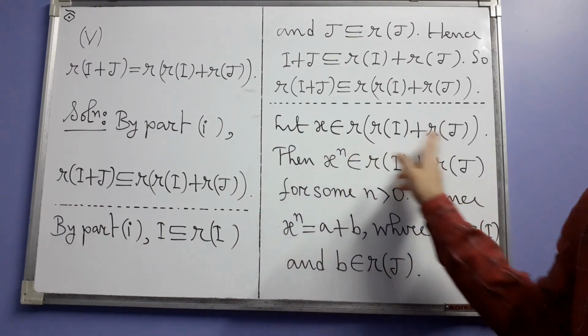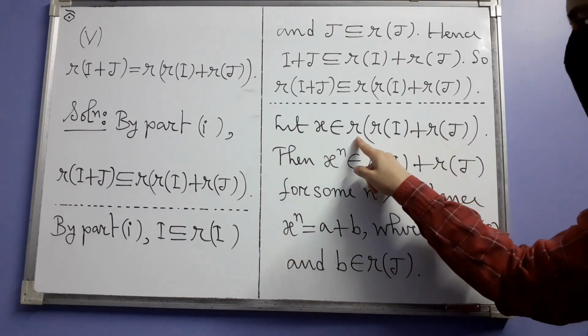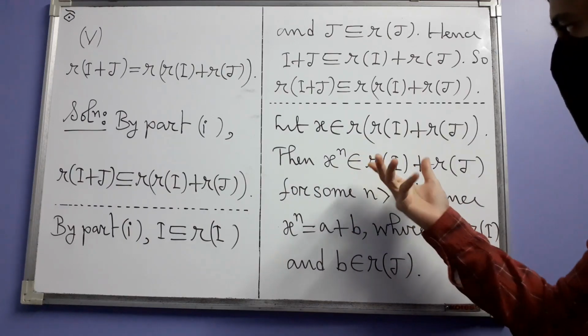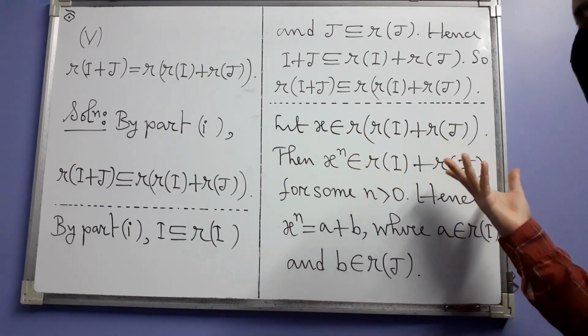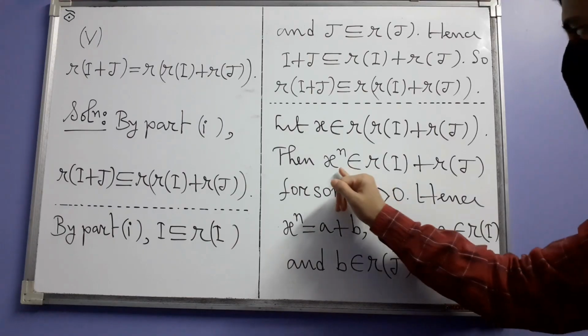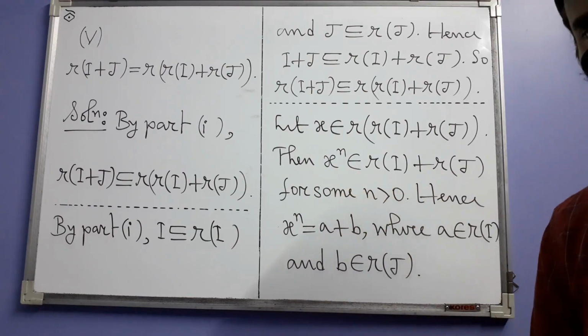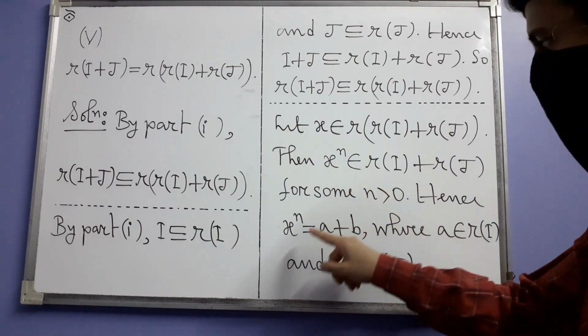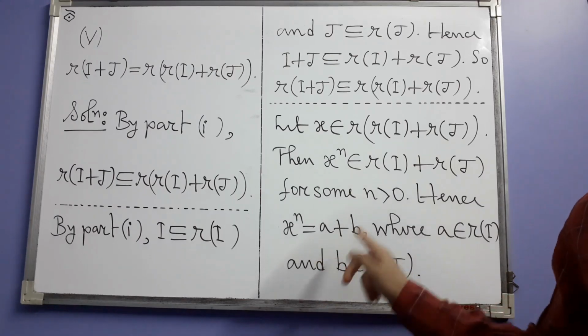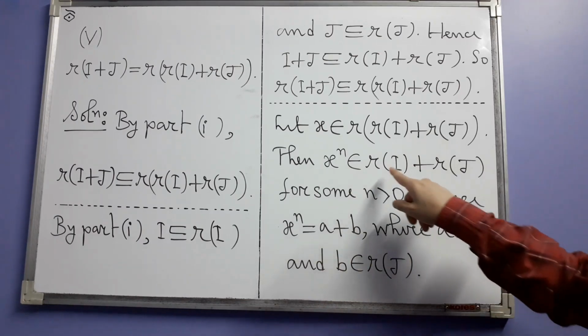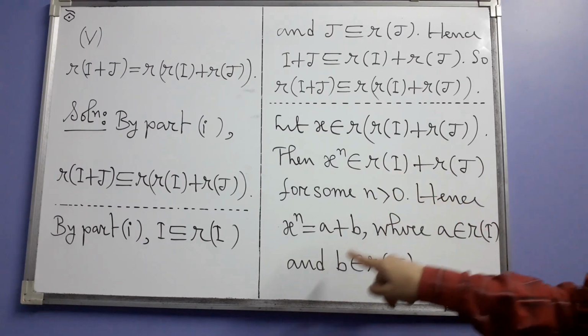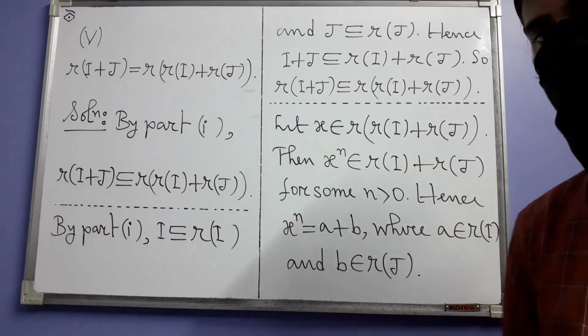Let that be x. Then by the definition of radical, some power of x will belong to RI plus RJ for some positive integer n. But then x to the power n is going to look like this, a plus b, for some a coming from RI and b coming from RJ.